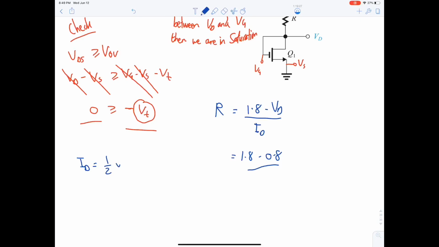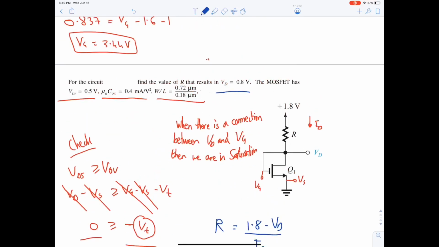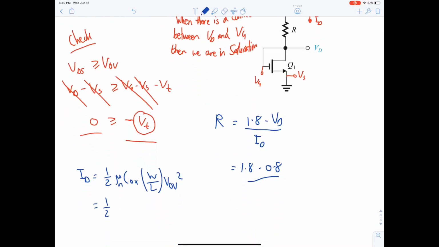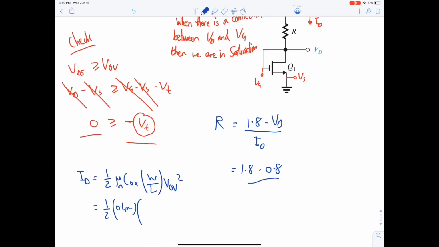Through half mu n COX W over L VOV squared. Half mu n COX is 0.4 milli. W over L is 0.72 over 0.18. VOV squared, which we can compute on the side, Vg minus Vs minus Vt. Vg is Vd, which is 0.8, Vs is 0, and Vt is 1, correct?